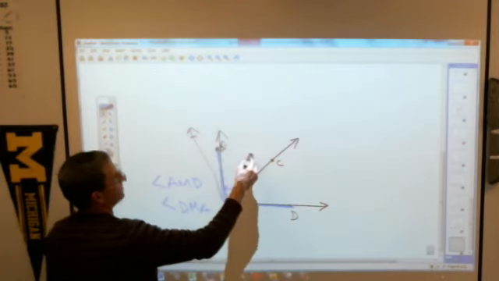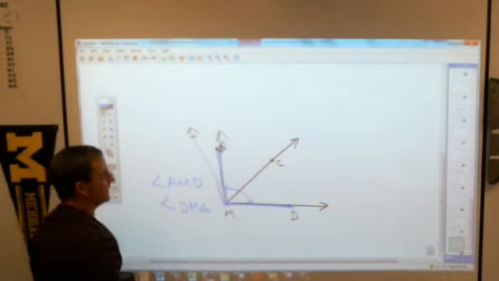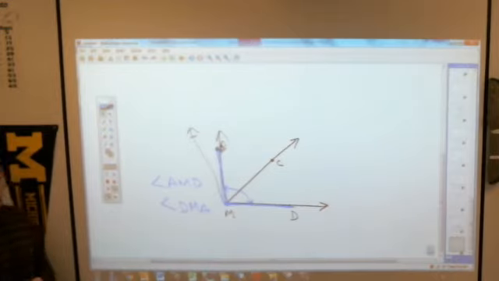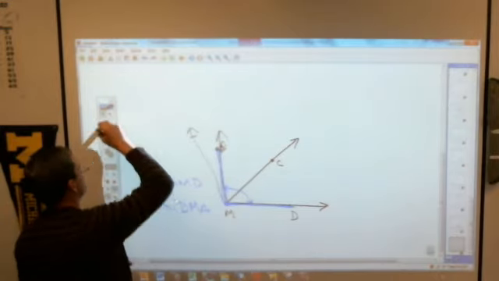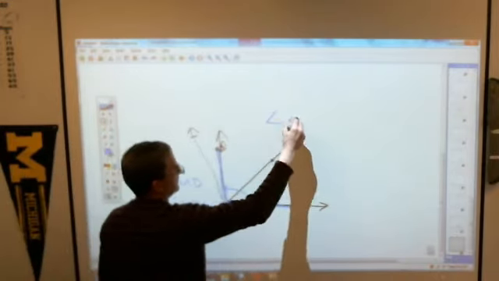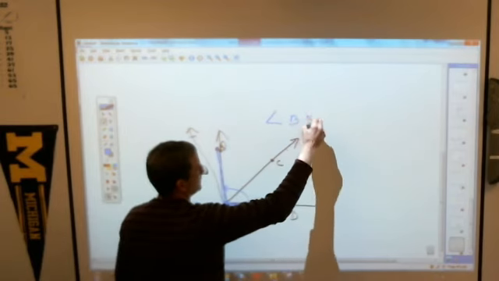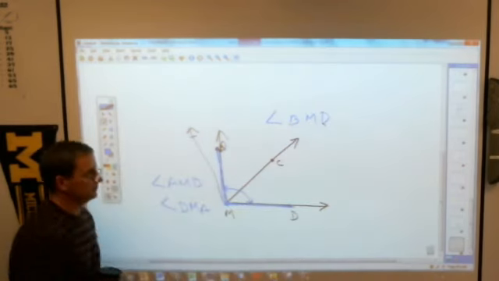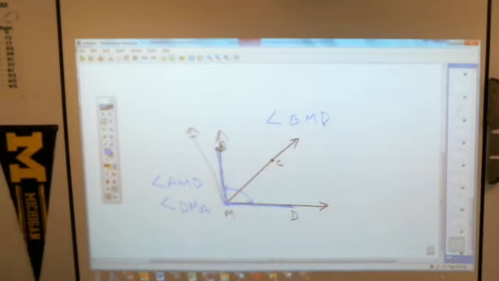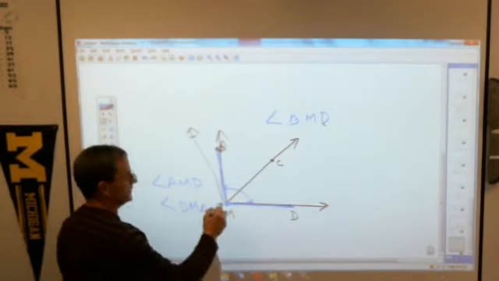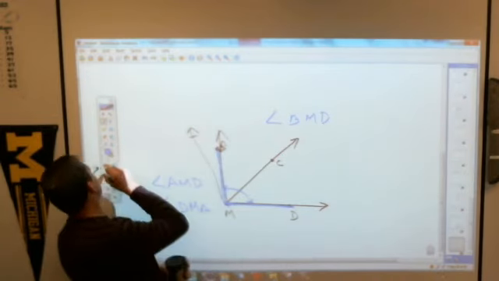What angle then appears to be a right angle? And you got a label there. Jacob? Angle BMD. Either way is fine. And the last question, which ray appears to be perpendicular to MD? So notice they told you it's MD, so here is MD.